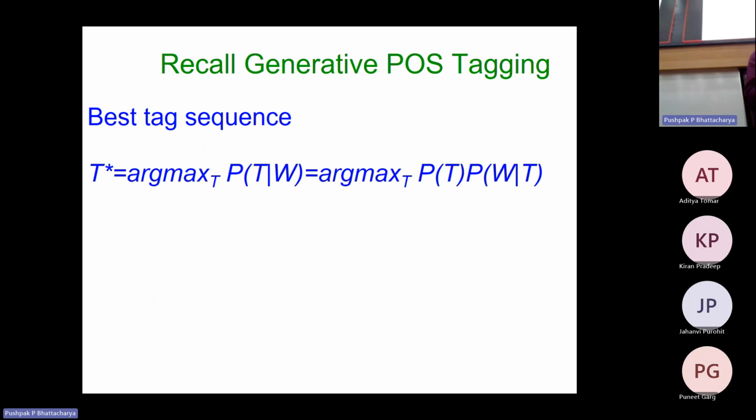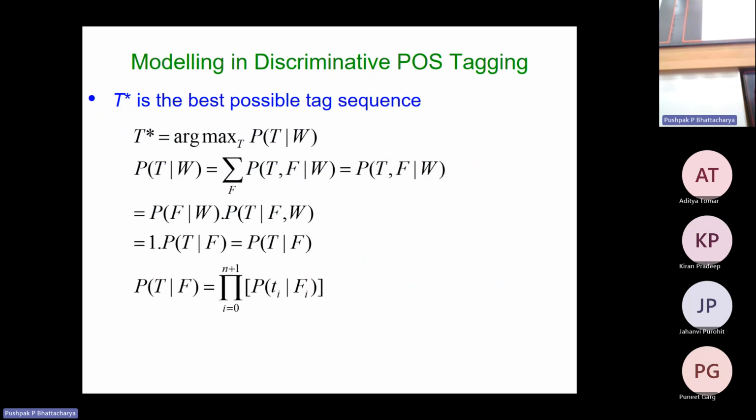Can we do something else? Can the modeling be something else? That modeling is called discriminative modeling. So consider the discriminative part-of-speech tagging framework.